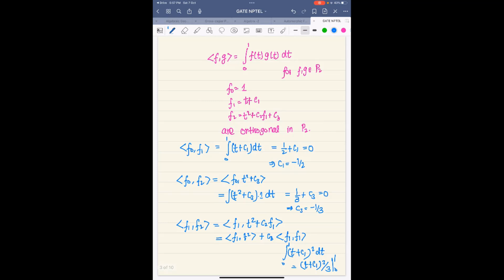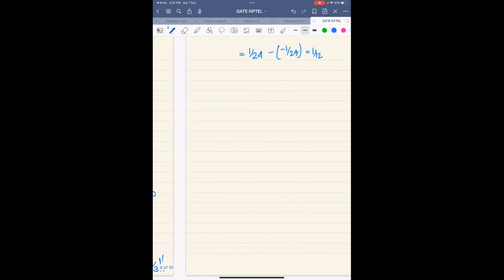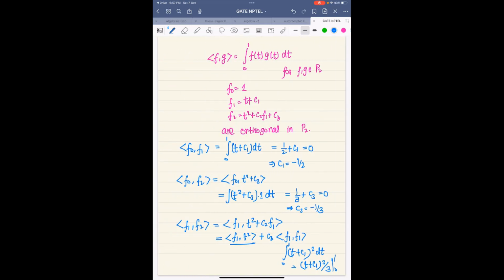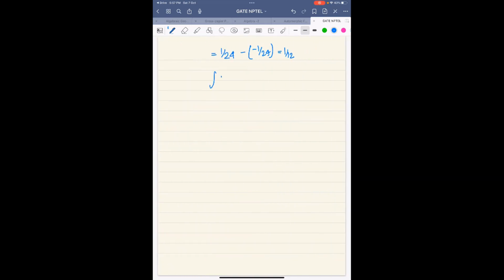All right, and what is the value of the inner product of f1 with t square? The integral of t plus c1 times t square dt, this is equal to t cube plus c1 t square dt from 0 to 1, which is equal to 1 over 4 plus c1 over 3.